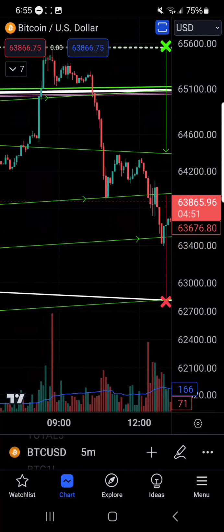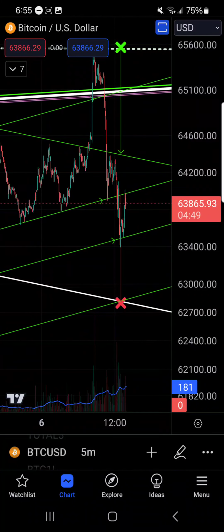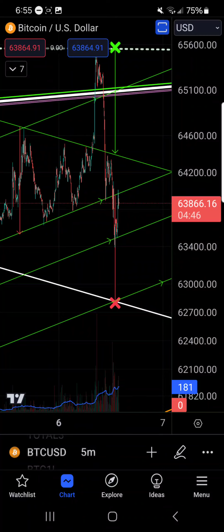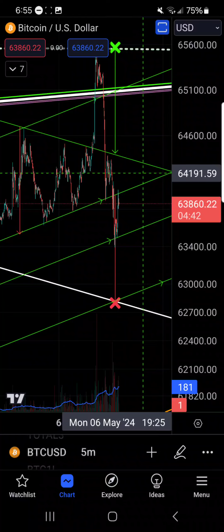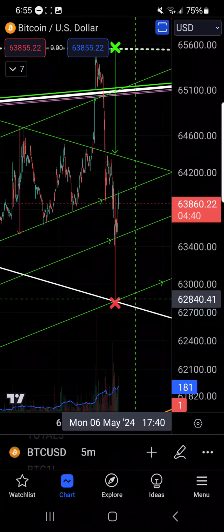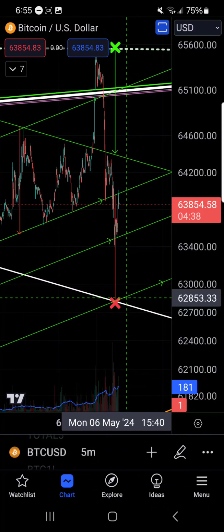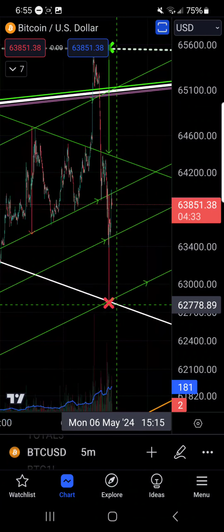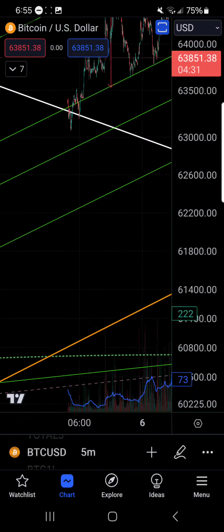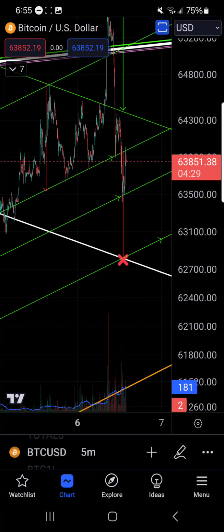But remember in my last video that I was talking about this third line. We have our symmetric triangle right here. We have this line down here, which would be a retest of our bull flag channel that we have been traveling in. I'm going to switch to an hourly.